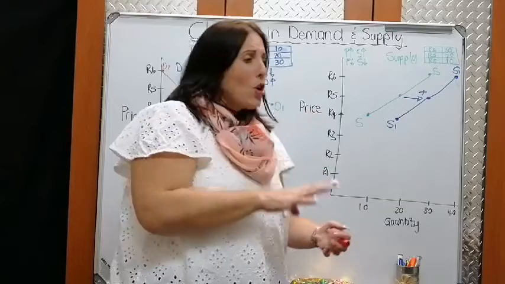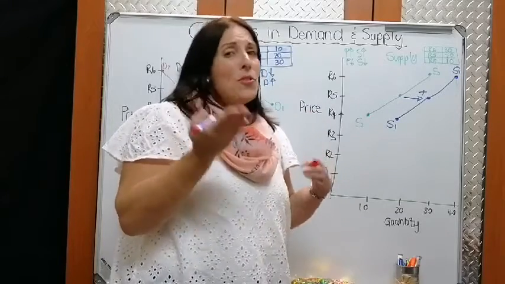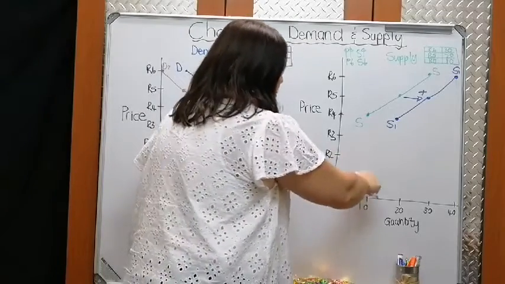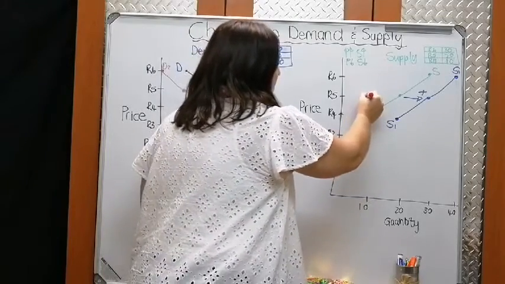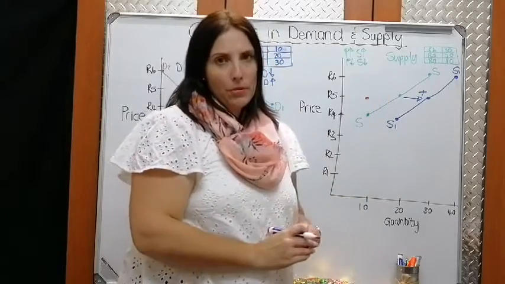My production cost, my cost of raw materials, have increased. I will not make a lot of profit. I'm only going to supply 10 packets of chips if the price in the market is R5 for a packet of chips.